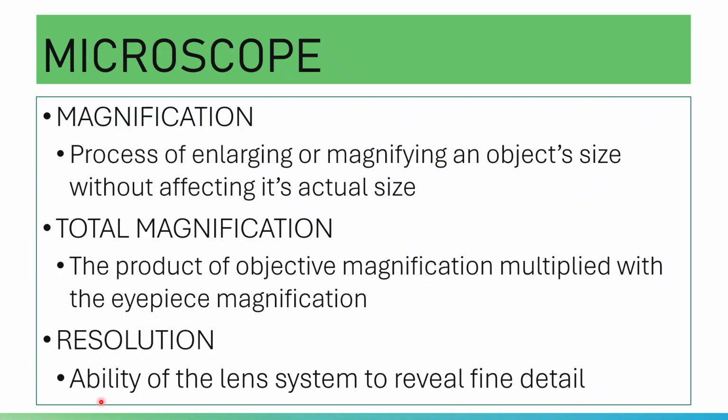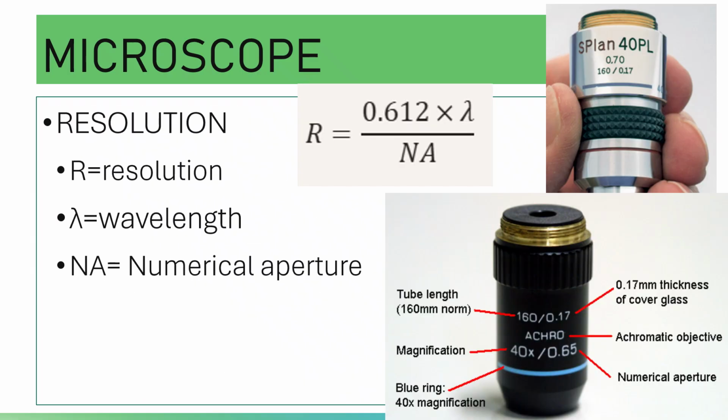Resolution is the ability of the lens system to reveal fine detail, or the smallest distance between 2 points or lines at which they are distinguished as two separate entities. And your resolution depends on the wavelength of light that is utilized and the numerical aperture of the objective lens. So let's take a look at the formula.